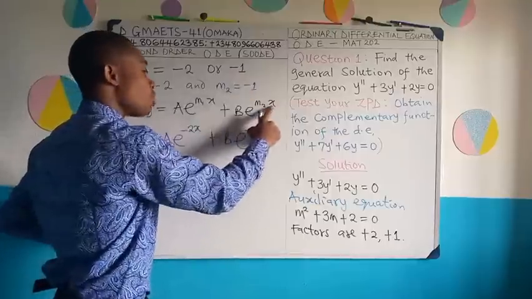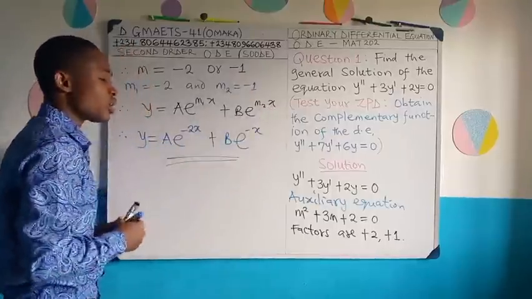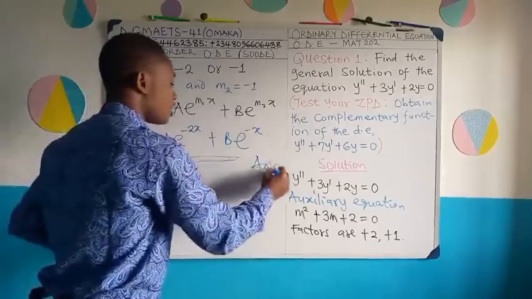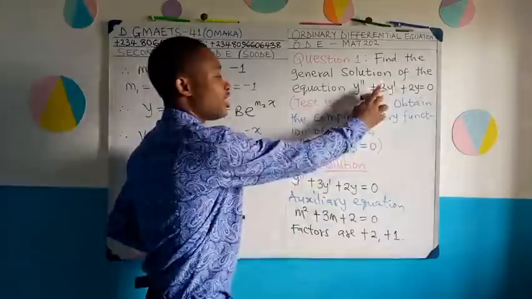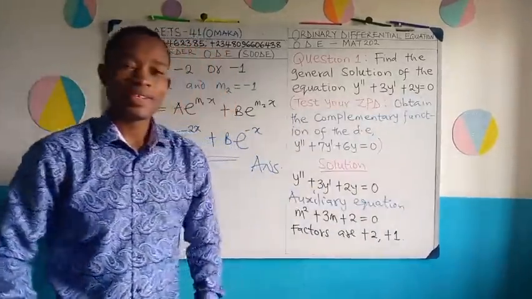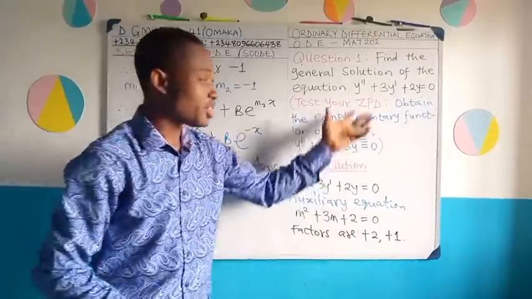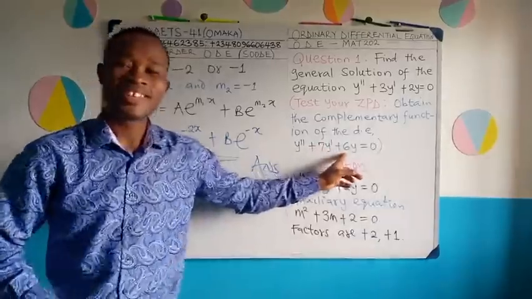Minus 1 multiplying this x gives you minus x. And this becomes the answer to our problem. That is the solution. That is the complementary function to this homogeneous O.D.E. Use this principle to test how far you understand what I've done here on the board by solving this question.